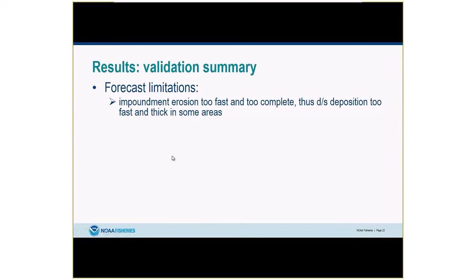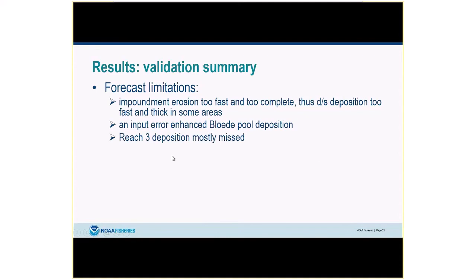The second limitation was the input error that enhanced Bloaty pool deposition, the error in estimating channel widths that I just showed a few moments ago. And the fact that Reach 3 deposition was mostly missed by all the forecast models and hindcast Run 4. So those are the major limitations.